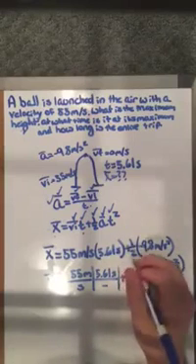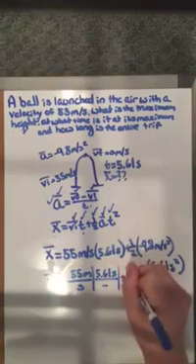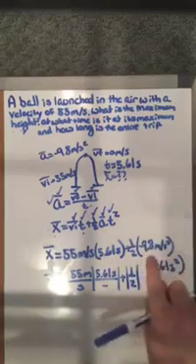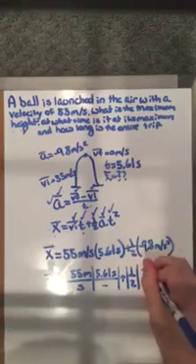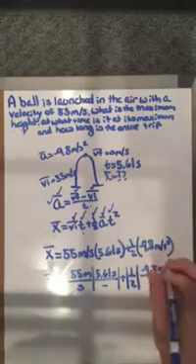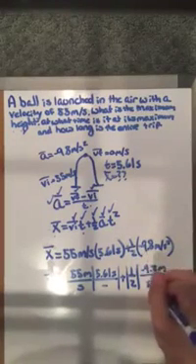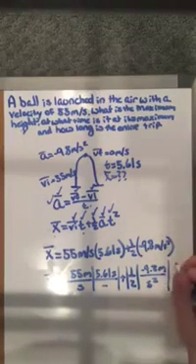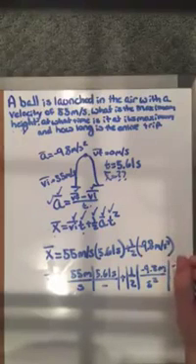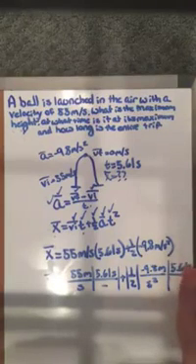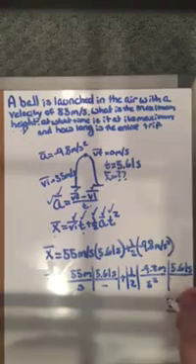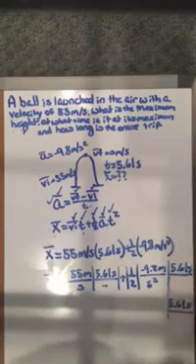Plus, don't forget the plus, 1/2 times our negative 9.8 meters per second squared, times 5.61 seconds, and another 5.61 seconds.